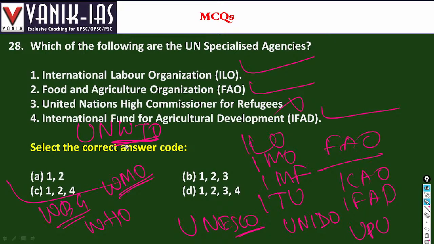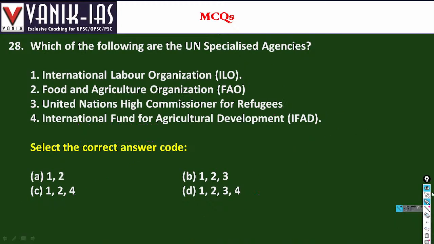These are the specialized agencies. And the United Nations High Commissioner for Refugees is a subsidiary organ of the United Nations General Assembly.